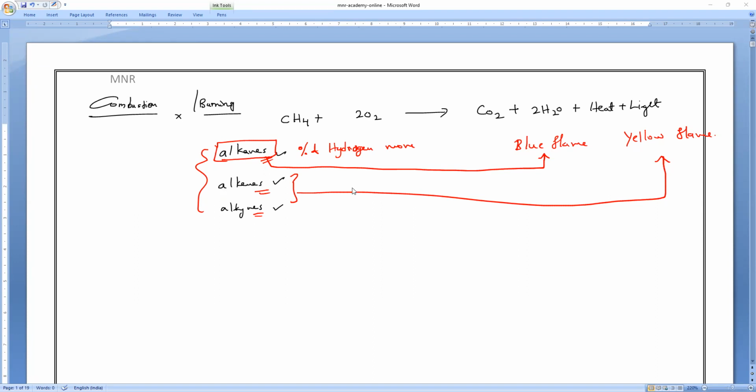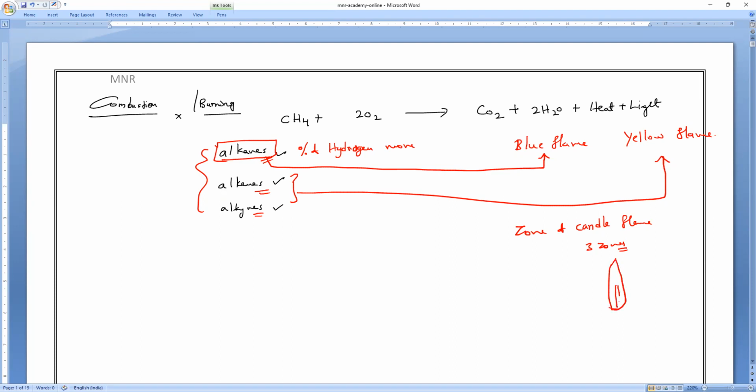Even a candle flame is a yellow flame. You might have studied in 8th class the zones of a candle flame. Basically, how many zones are there? Three zones. You might remember. The candle flame has three zones.